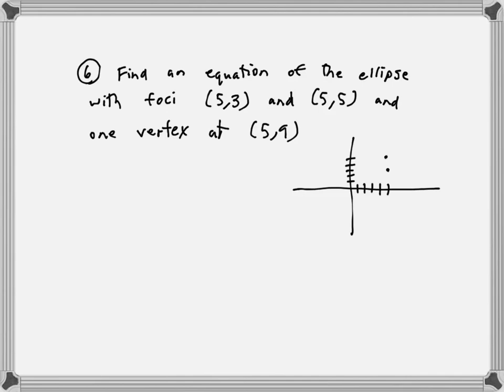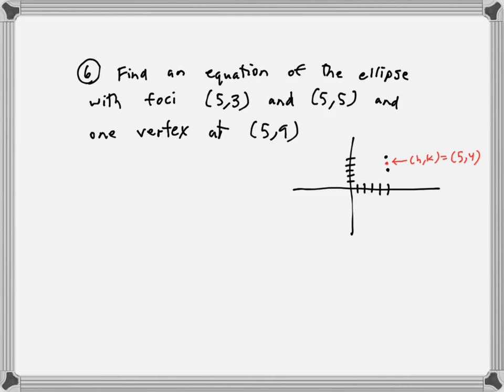It's right there. Already, if these are the two foci, we know where the translation has to be right here. In other words, our (h, k) has to be (5, 4), doesn't it? Because we know that usually the origin sits right between the two foci, but here it has to be that.